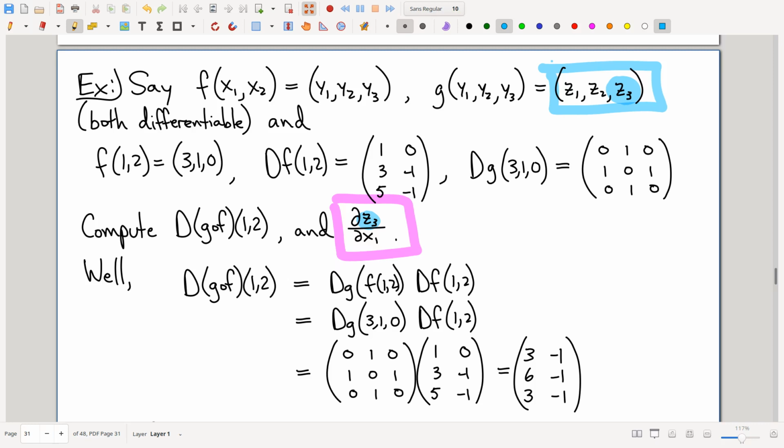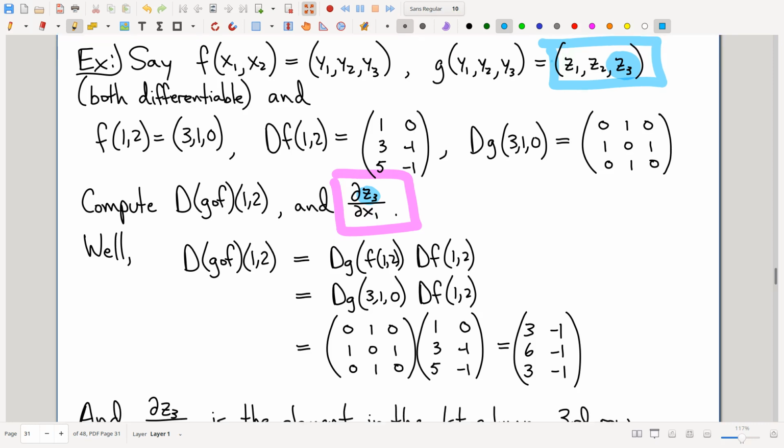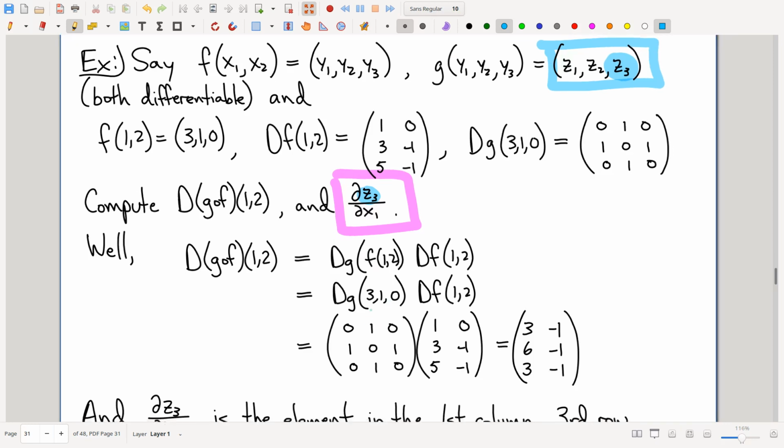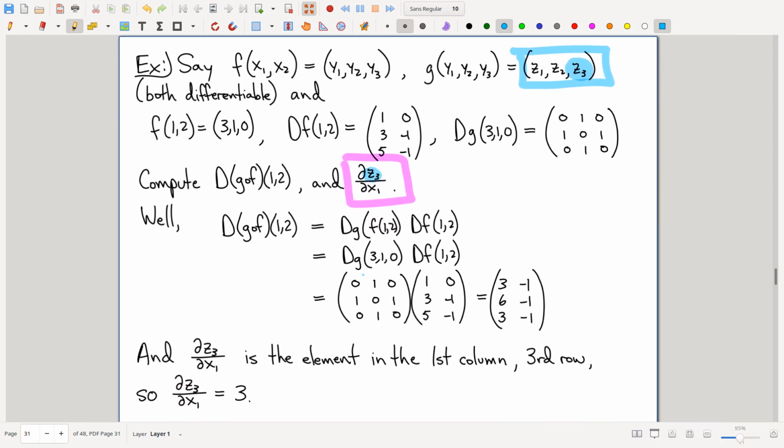Remember, output variables correspond to rows. Because I'm interested in the partial of the third output, I'm going to be looking in the third row, and there is the row in which I will find what I'm looking for.